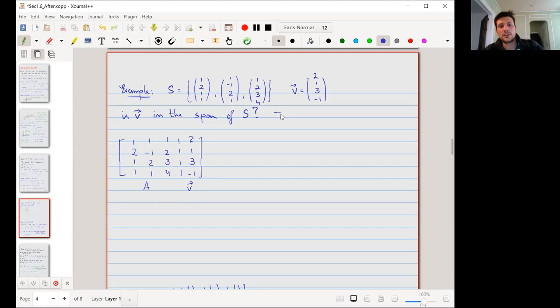The question is the same as asking whether the linear system Ax equals v is consistent. To answer that, we need to look at the reduced row echelon form of this matrix here. And that's why I wrote down the augmented matrix. Let's compute that.